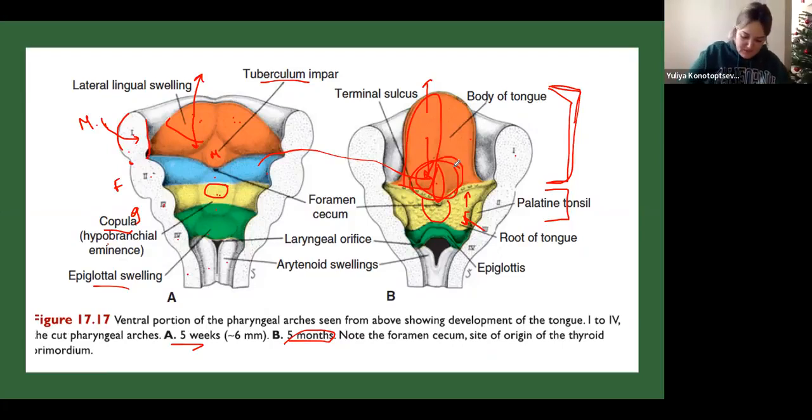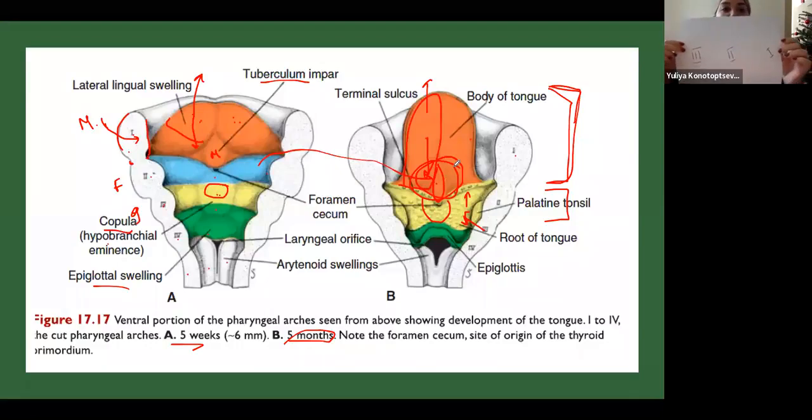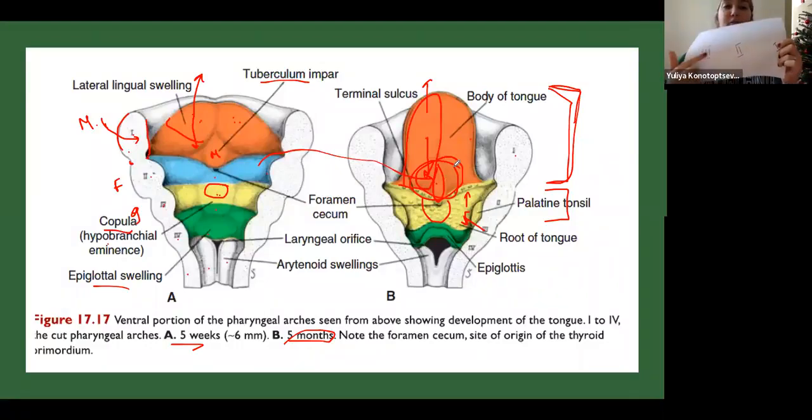So this is the first, this is the second, and this is the third. Red color is the first, blue color is the second, and yellow color is the third. What happened is this. The first and the third came close together.